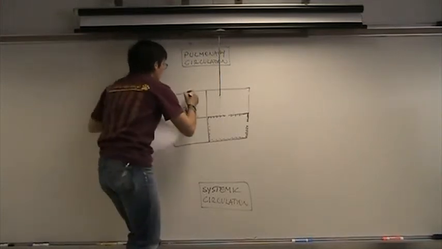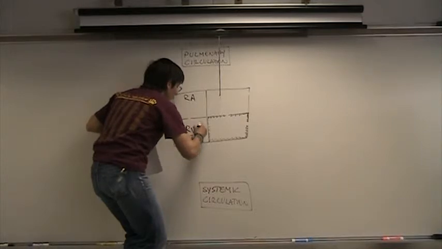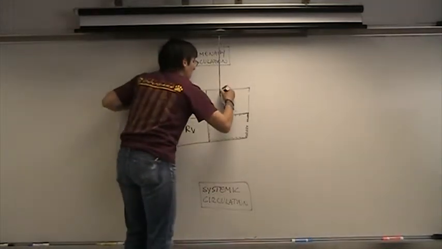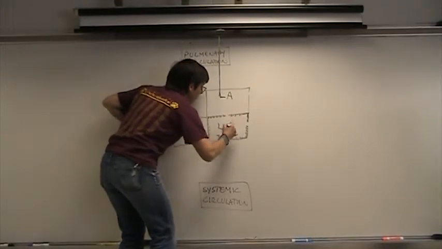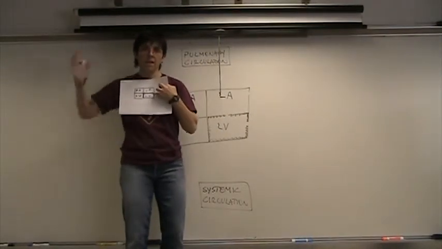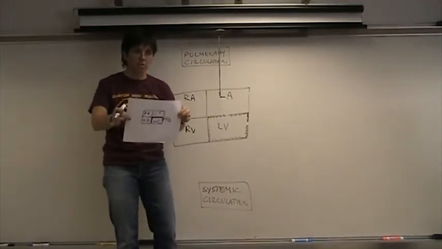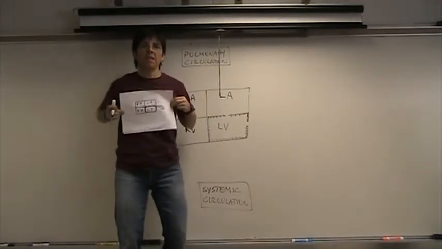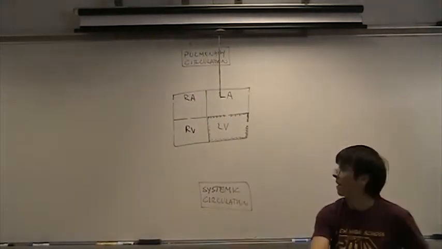So this is the right atrium, right ventricle, left atrium, left ventricle. Right, left. So just like the diagram. So when you do this, you are going to do it with me, and then you're going to put it in front of you and look at your heart to understand it.